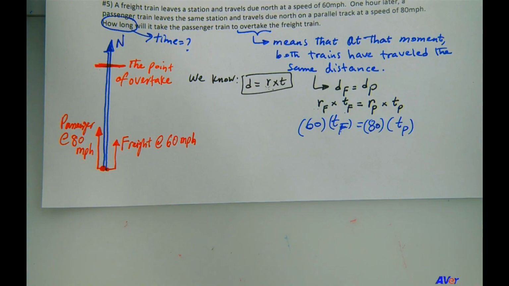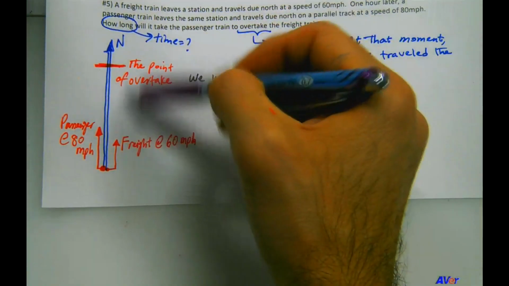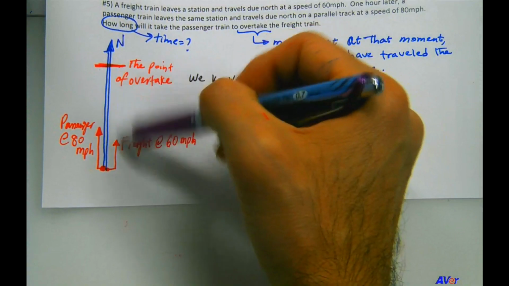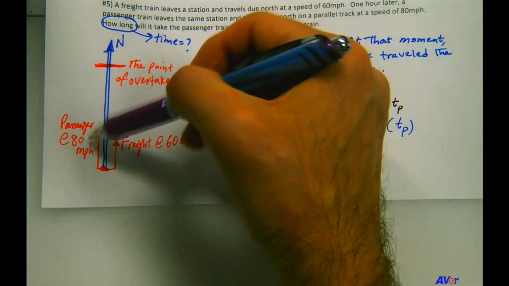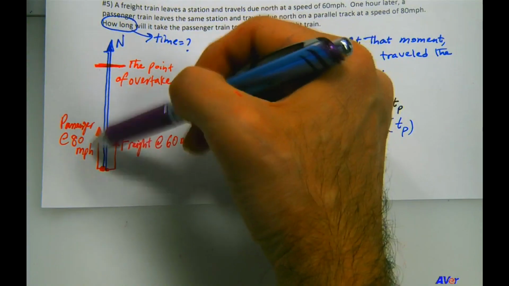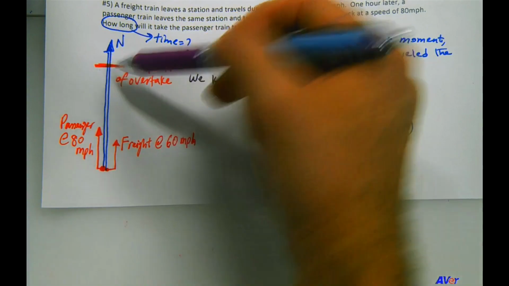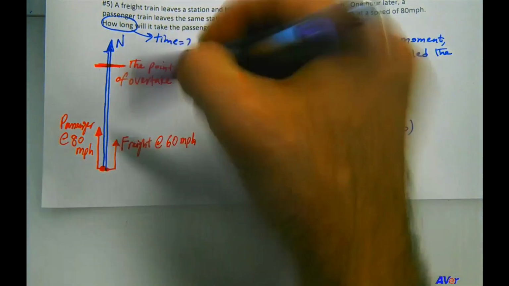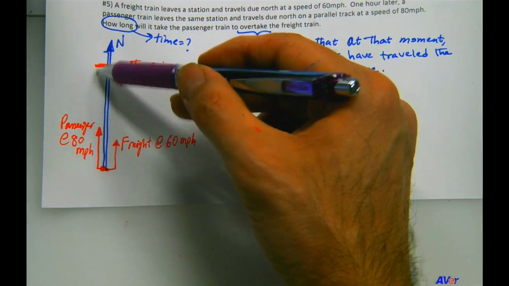Let's say for the sake of argument, 9 hours. I'm just making a guess, but that's not important. Let's say by the time this overtake happens, the freight train has traveled 9 hours, right? What would that time be for the passenger train? If this train has traveled 9 hours, how long must this passenger train have been traveling?